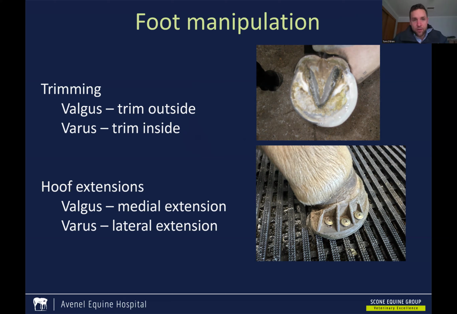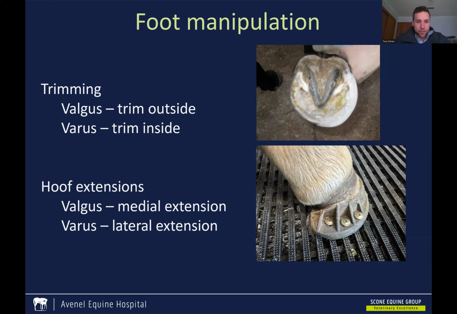And so the way that we want to help that foal is to actually trim the outside of its foot to maintain as appropriate hoof balance as possible. And then with a varus deformity, i.e. that foal is pigeon-toed, you can imagine that it's going to wear the outside of its foot naturally. And so one way that we want to help with balance is to trim the inside.